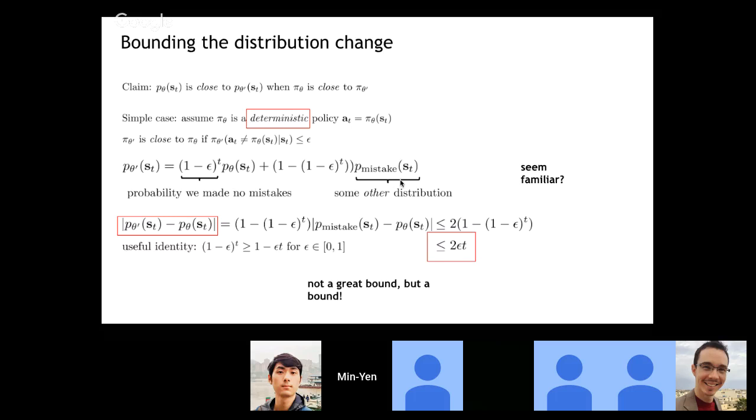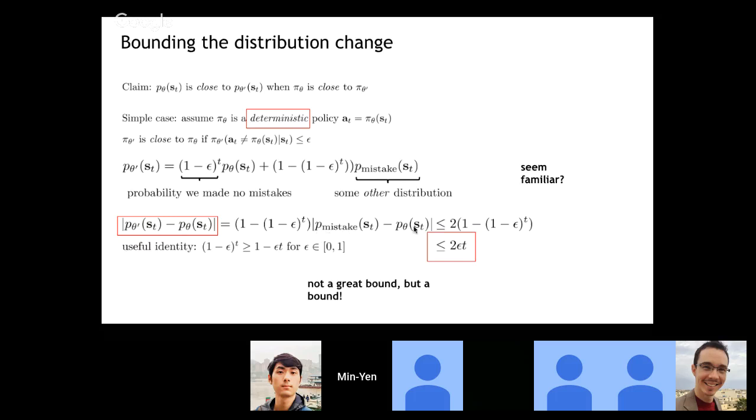You add in the probability distribution of theta at time step t, and rearrange them. And for this one, it's actually bounded by 2 times 1 minus epsilon to the t, because we don't know the probability distribution of p mistake, so we assume the worst. In this case, the worst will be 2.